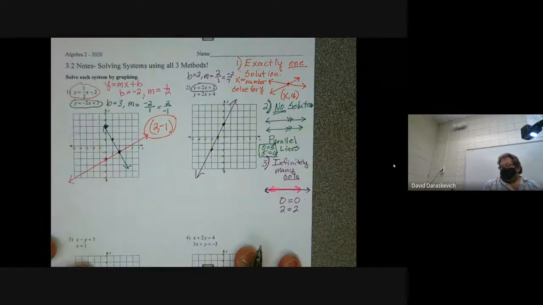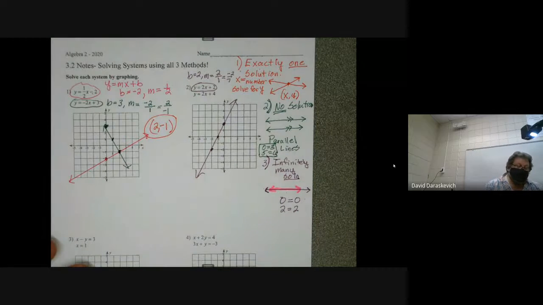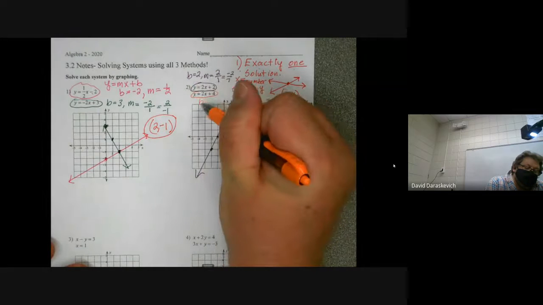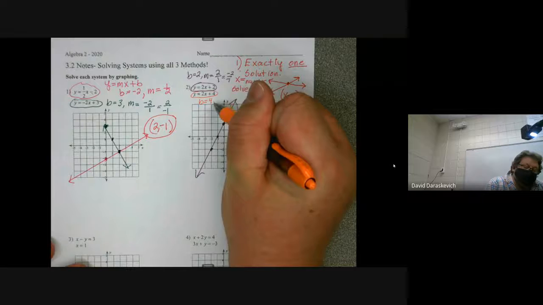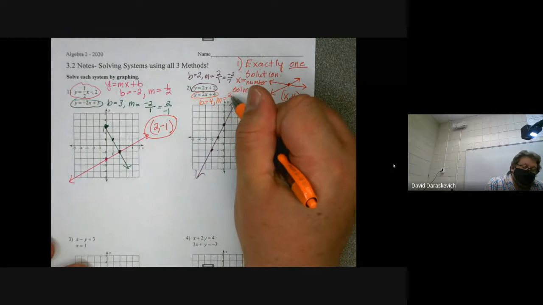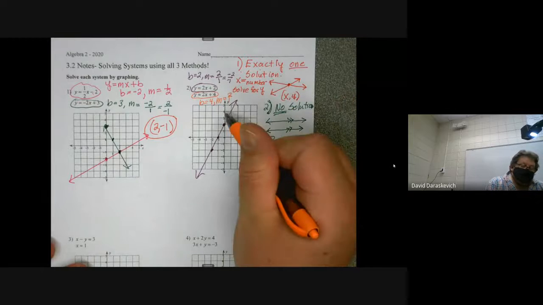All right, graph the other one. Y-intercept is 4. And again, my slope is 2 over 1. So here's my 4.